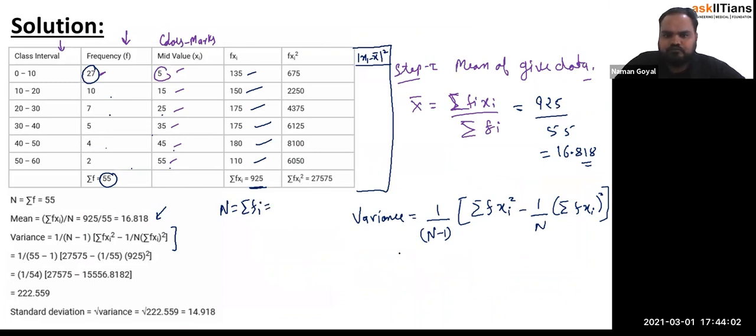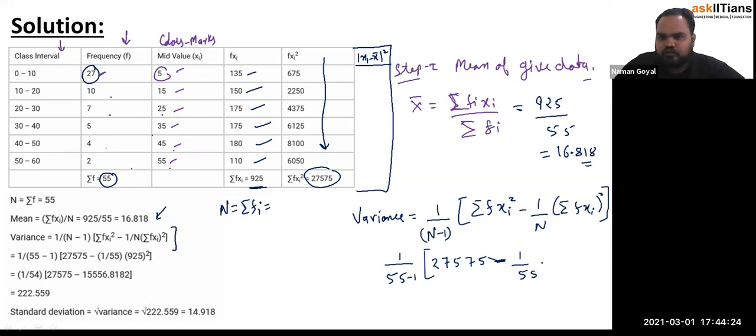So 1 upon 55 minus 1. Now we have to make the table, so we already made the table, right? If you see the sum is 27575. So it will be 27575, right? Minus 1 upon again 55. Now the formula has fi xi whole square, so we have to take the square of 925, so it will be 925 square.